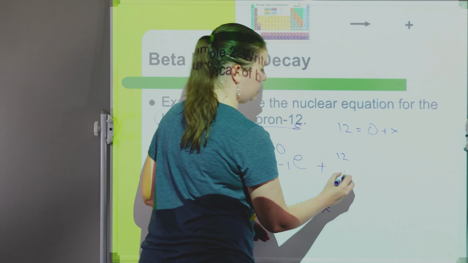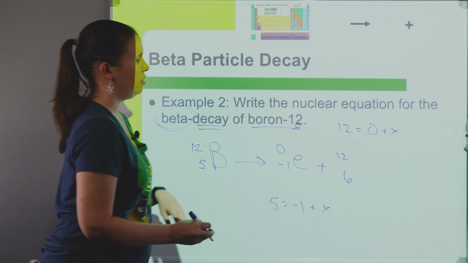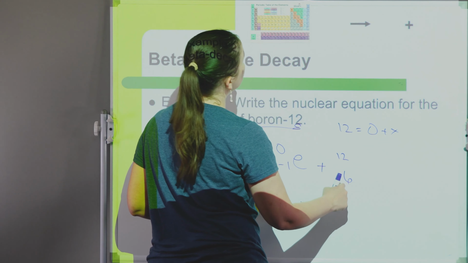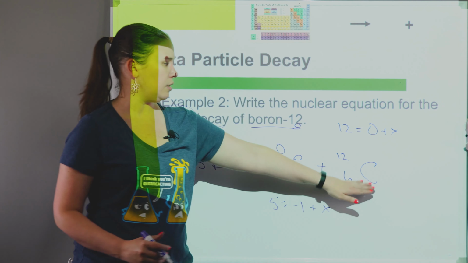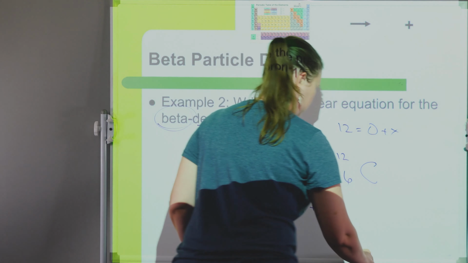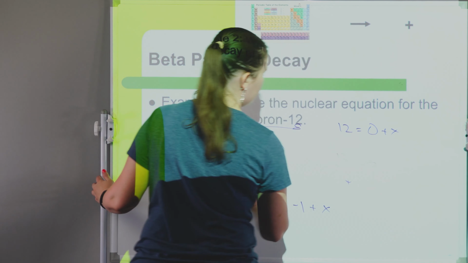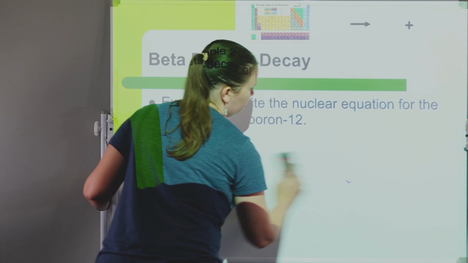That's actually going to be 6. 6 minus 1 is 5. So 6 would be element carbon, and so we would write our C here. Be really careful whenever you have that -1, because that actually means you're increasing your atomic number.